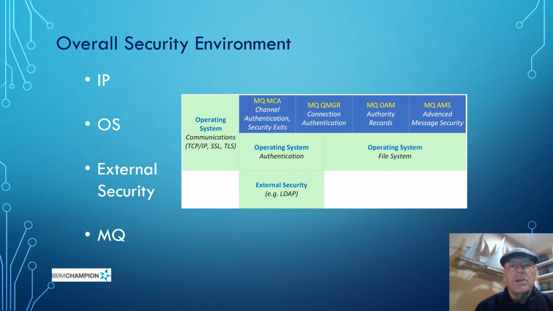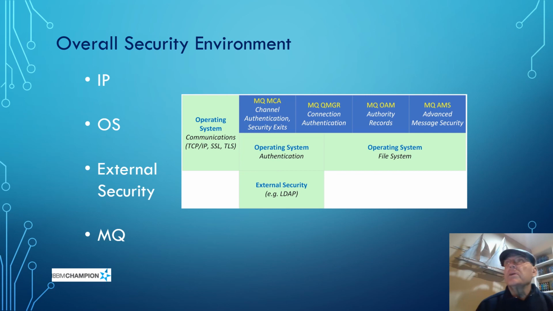That may be externalized to an external security system, Active Directory or LDAP in the distributed world. And MQ has roles to play. You can see that here in that there's operating system communication security, kind of one path into MQ. There's authentication in LDAP or external security that's blocking your path in.